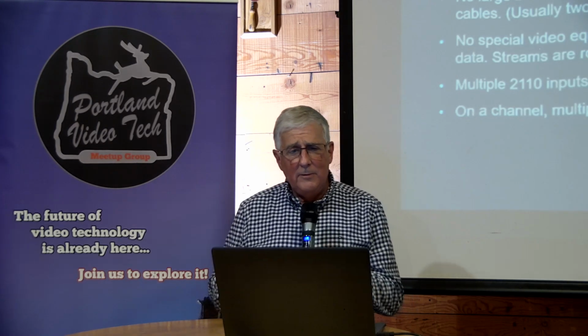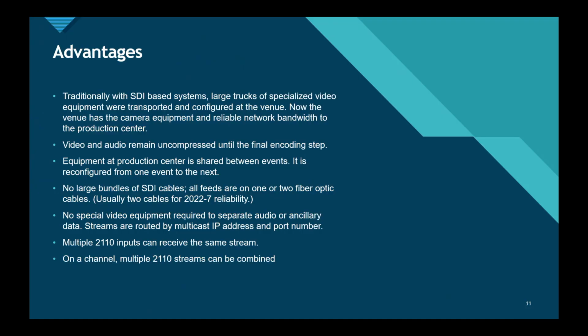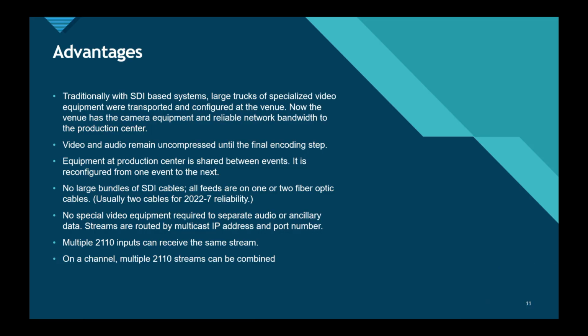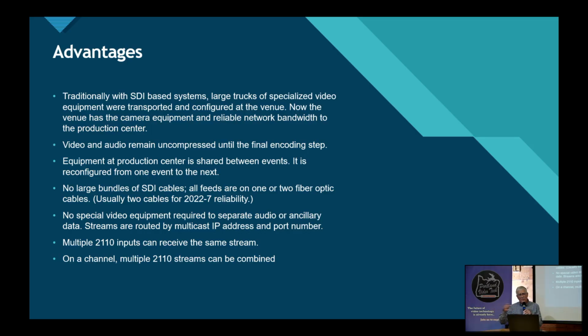Again, the video and audio remain uncompressed until the final encoding step, again to maintain high quality. The equipment at the production center can be shared between events, so we've got this expensive equipment that's used across multiple events, and that reduces the cost per event significantly.